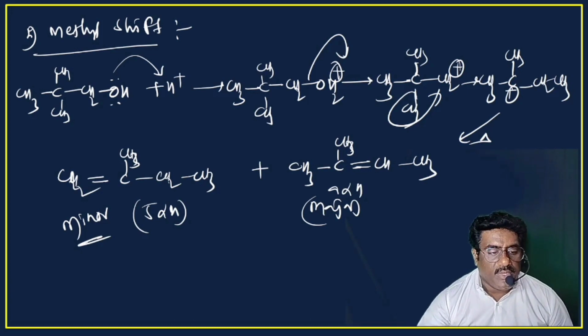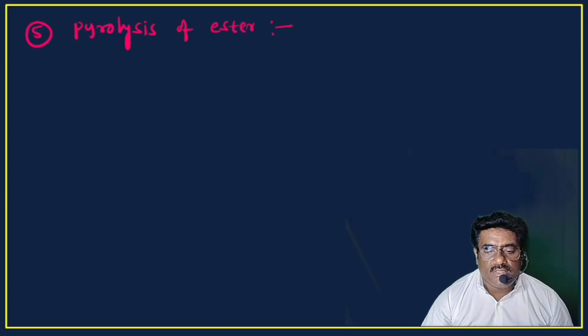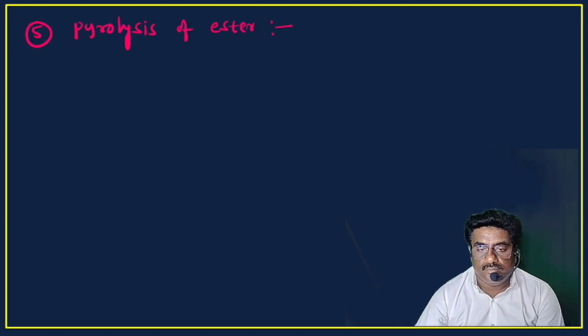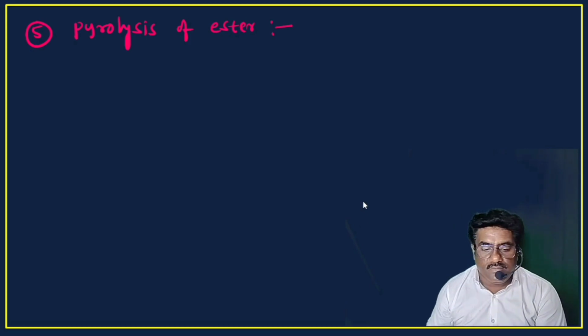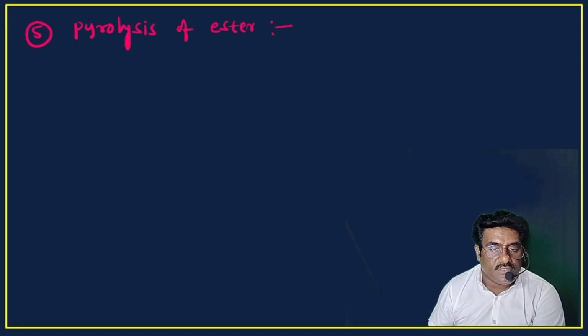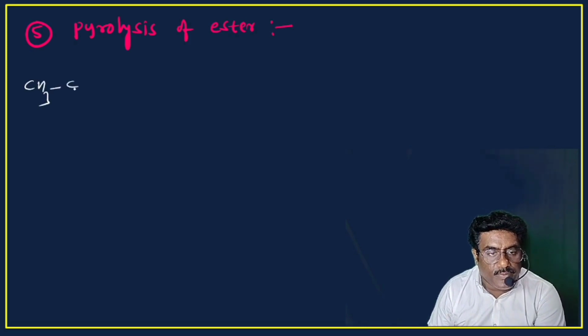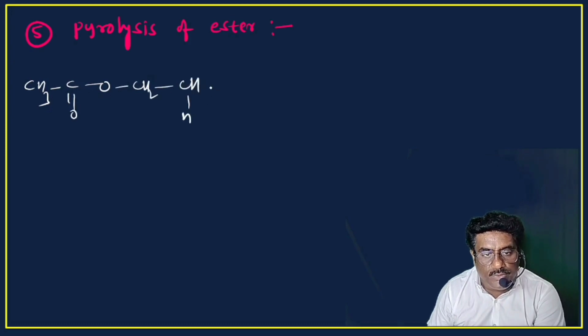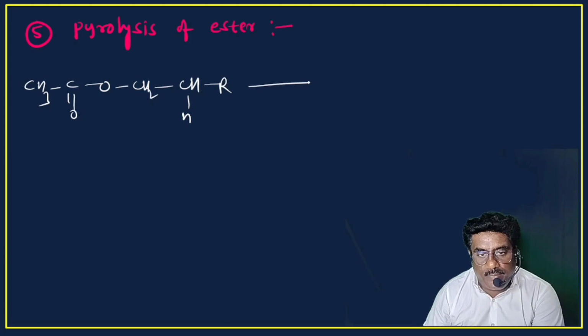Coming to the next one, pyrolysis of ester. Taking an example, CH3, C double bond O, O, CH2, CH2R. This is the ester, heated at 400 to 500 degrees Celsius.